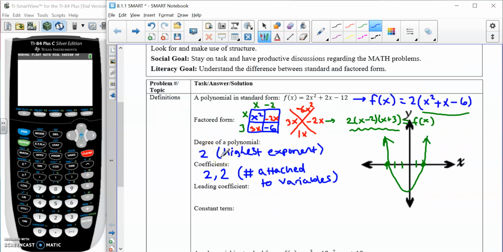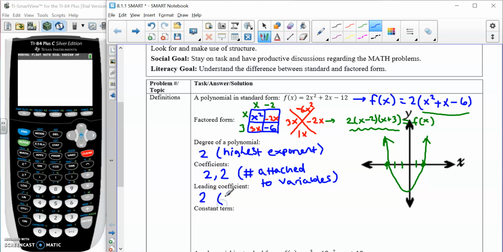So basically, it's the coefficient on the term with the highest exponent. For us, that is still going to be 2. Just know that it's this 2 and not the second one. So our leading coefficient, again, is going to be 2. It probably would have been better to have an example without same numbers, but again, just keep in mind what that really means.